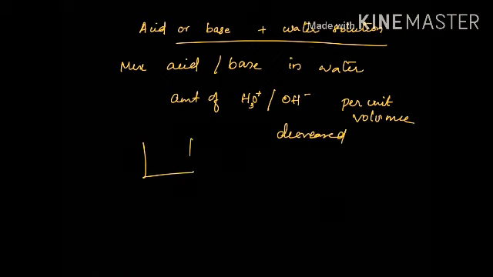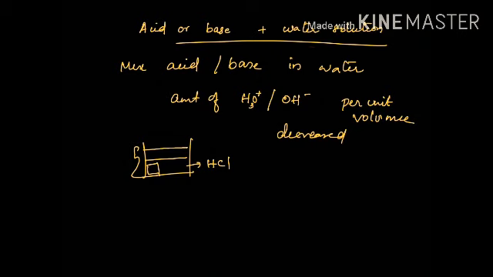So suppose we have one beaker, up to here we have the HCl. When we are adding the water, what will happen? The volume will get increased. So suppose I am taking only this much volume of HCl.